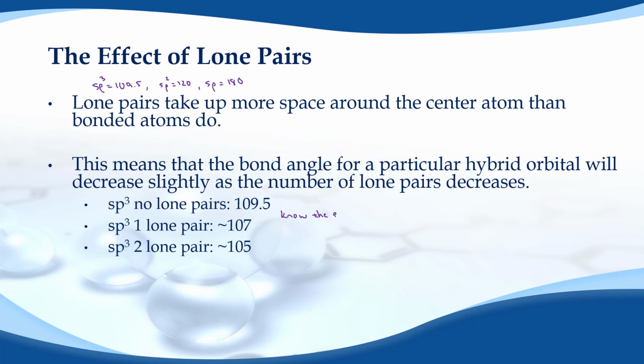So you don't have to know that it's 107 or that it's 105. But what you do have to know is if I ask you, for example, what is the bond angle of this molecule that is trigonal pyramidal, so sp3 with one lone pair, and I gave you options, you would choose one that's really close to 109 and a little bit under it.